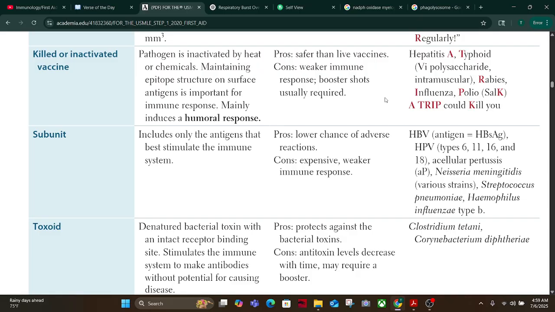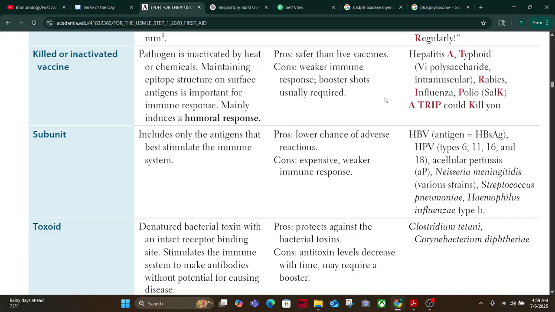So the vaccine was made that will make the antibody against HBsAg.